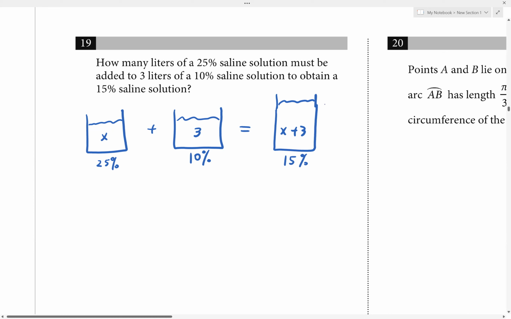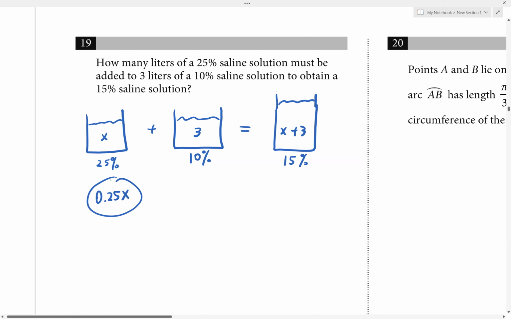So now we can write out the equation for the setup. The first one is a 25% saline solution. You can think of the total volume, 25% of that is salt, a chemical. To represent how much salt we have, we can do 25% times X, which is 0.25X.